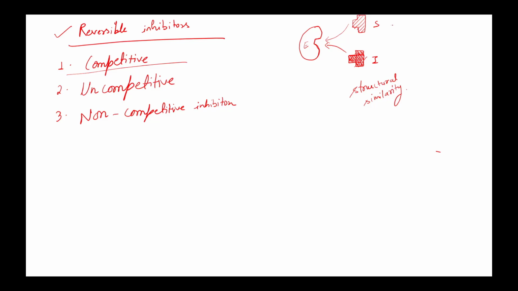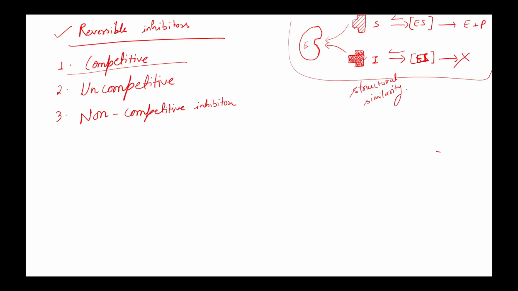So here we get an enzyme substrate complex where we'll get enzyme plus product. In this case we also get an enzyme inhibitor complex, but this cannot be converted into product. This is a reversible reaction. So this is what happens in competitive inhibition, as they are competing for the same site.